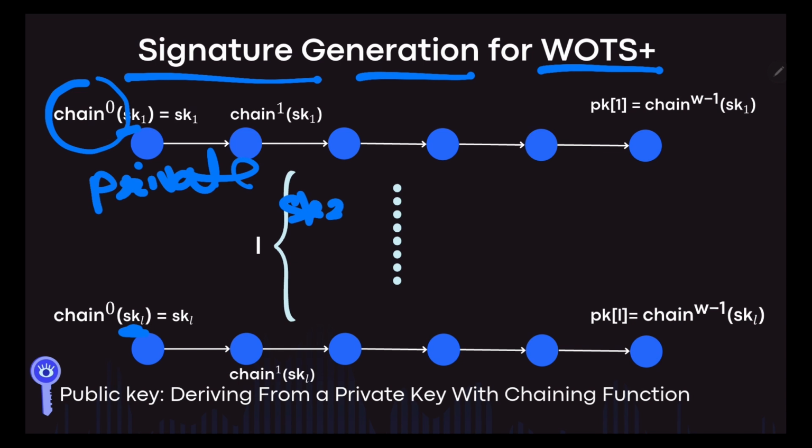The chaining function takes the argument as a public key or a string, which can be a binary string, and it changes that binary string so that we can have pseudo randomness in the output of that chaining function.